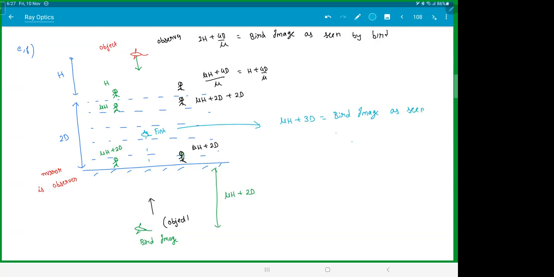Please have a look at this. Check your answer. So the bird seeing the bird image is 2H plus 4D by mu. Yeah, you got it. Anusha, you got it. Aryan, you messed up there. Please check.